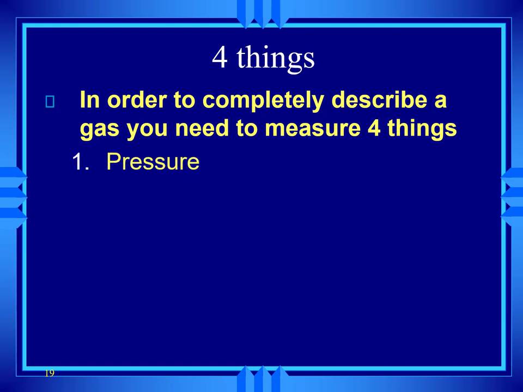Okay? Pressure. Talked about that already. Temperature. Because those were the 2 definitions we came up with because of the kinetic theory, right? Pressure is the collisions, temperature is a measure of how fast they're moving. Volume. How much space you gave them to move in.